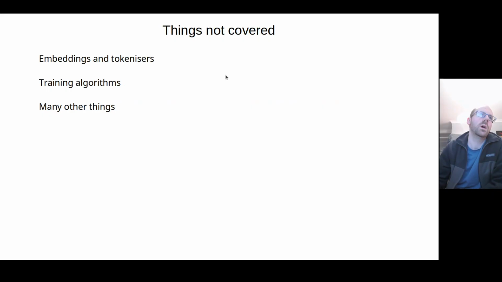There are a few things we haven't covered. Embeddings and tokenizers, right? Let's say it's a chatbot. You don't type a bunch of numbers into it, you type writing into it. Embeddings and tokenizers are how you convert whatever your input is into vectors, because the large language model itself, the actual artificial neural network, cannot process text or images directly.